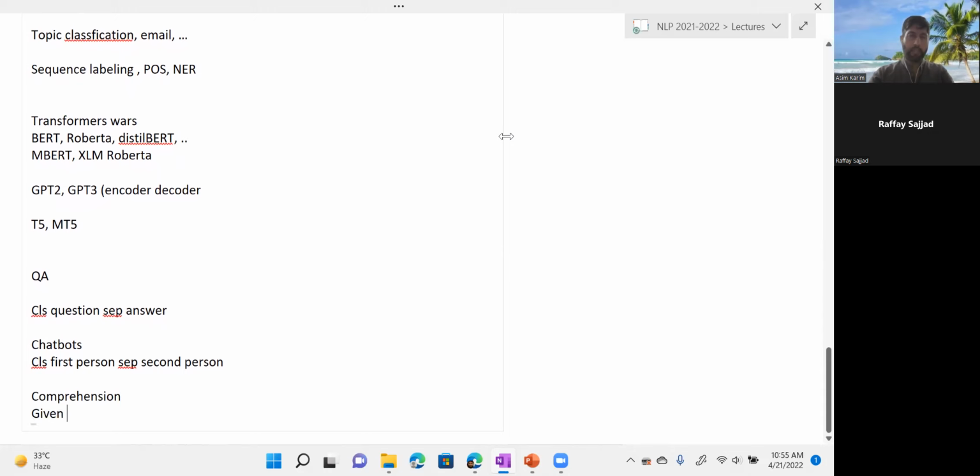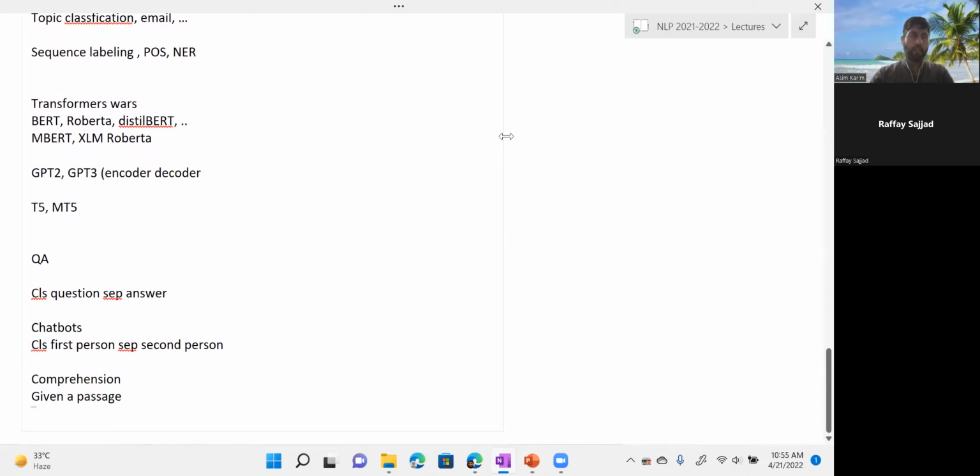You are given a passage, and then you answer questions based on the passage. In your exams, you are given an article, let's say, and after that you have 4 or 5 questions which you need to answer from the passage. So you can also train a neural network, a transformer, to do this as well. Kis tarah?